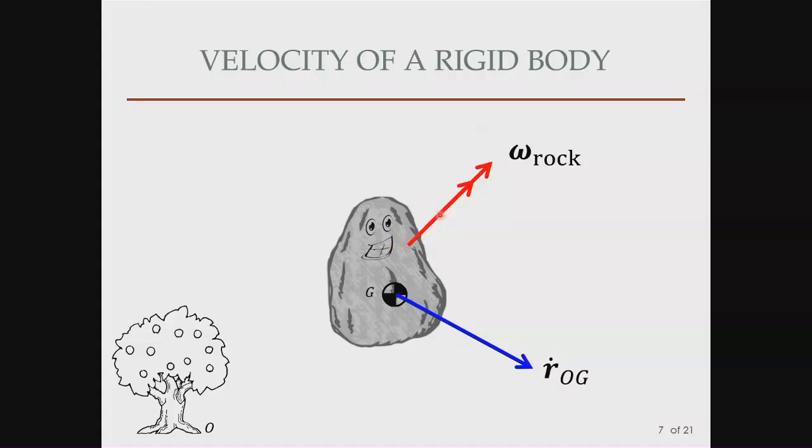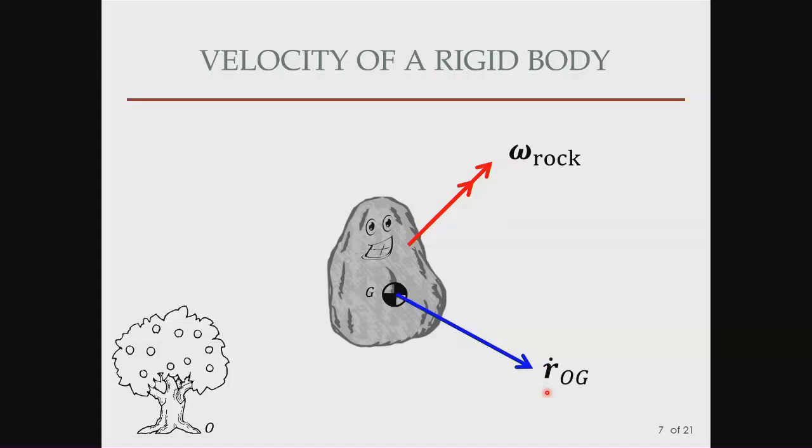This vector is the omega, the bold letter omega for vector, because if it's not bold, it's a scalar. So the bold letter means angular velocity. Now, for this one, there is a meaning of ROG without the dot. We were talking about that in the morning, right?